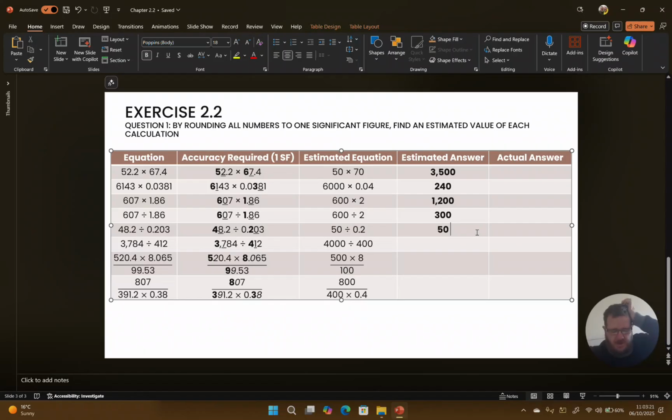So we'll invert that on its head. Because then what we'll do is we'll do a 50 on that.